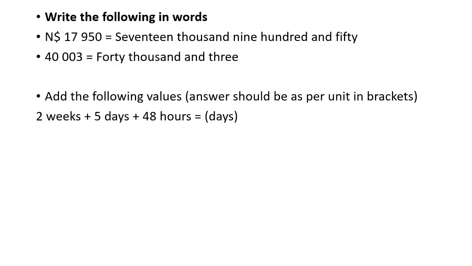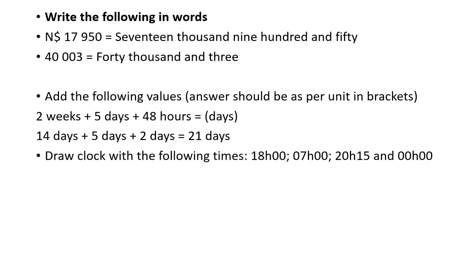You have 48 hours, you have to convert it also to days. It's best if you have the following sentence all in days. So 2 weeks is actually 14 days plus 5 days plus 48 hours, which is actually 2 days. So when you take 14 plus 5 plus 2, you get 21 days. And that is your final answer.